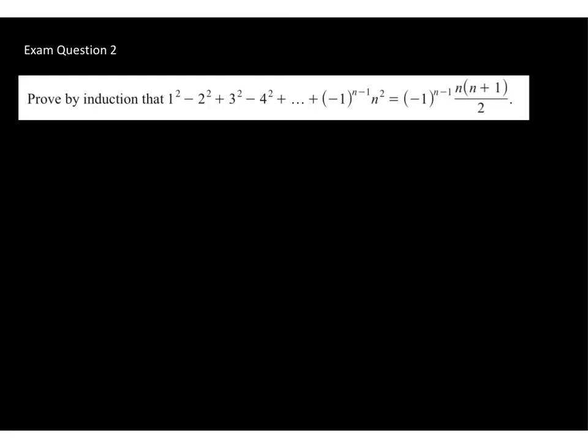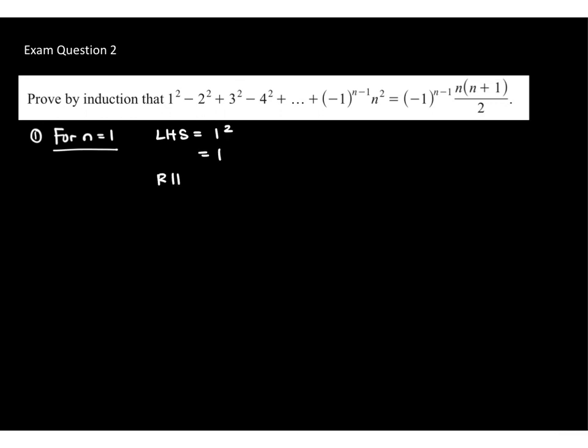So next example, we're going to prove by induction this result over here. So let's start with proving that the result is true for n equals 1. So the left-hand side is simply equal to 1 squared, or 1.